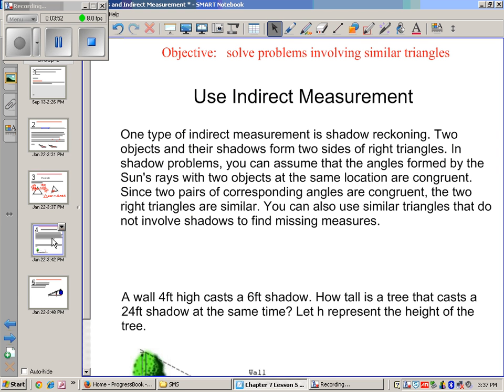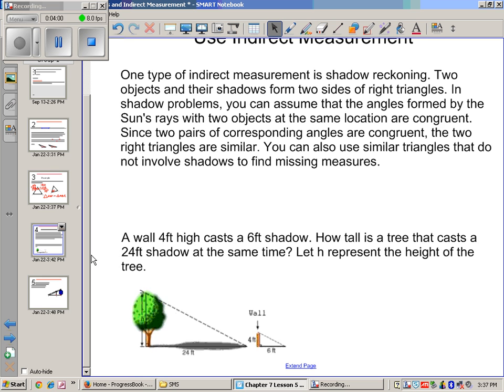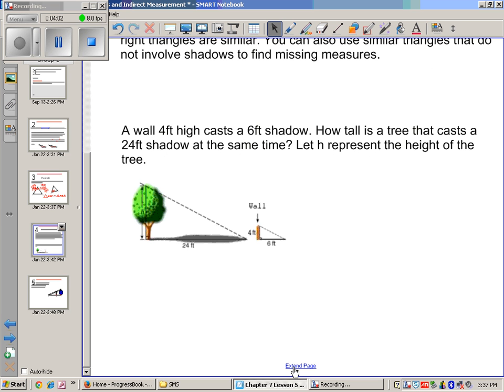You can also use similar triangles that do not involve shadows to find missing measures. Okay, we're going to take a peek at an example here, which is a tree and a wall. A wall, 4 foot high, casts a 6 foot shadow. How tall is a tree that casts a 24-foot shadow at the same time?